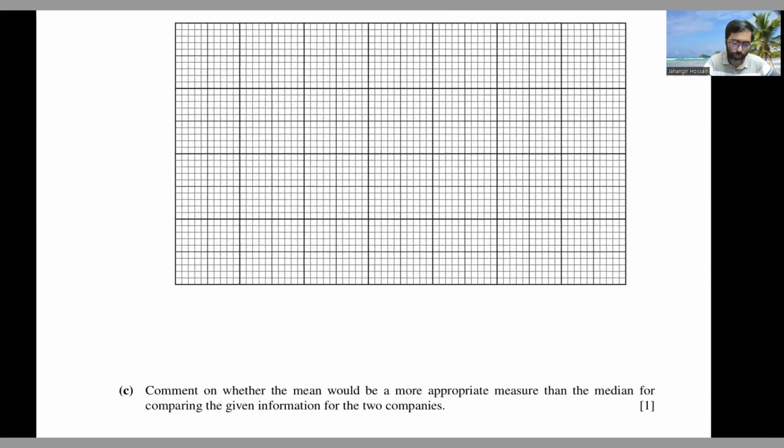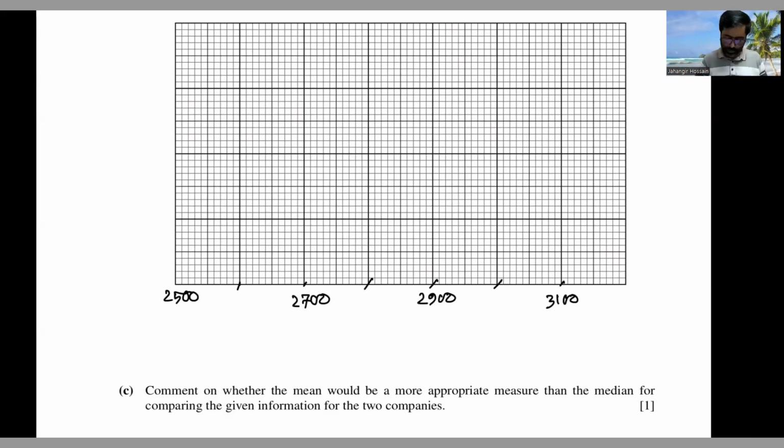Let's say this is 2500, this is 26, 27, 28, 2900, 30, 31. Okay. Now, let's plot the box plot for company A above the box plot for company B.